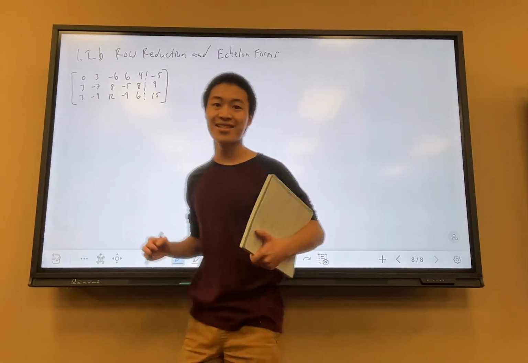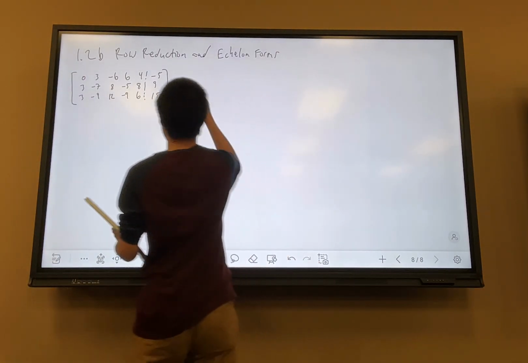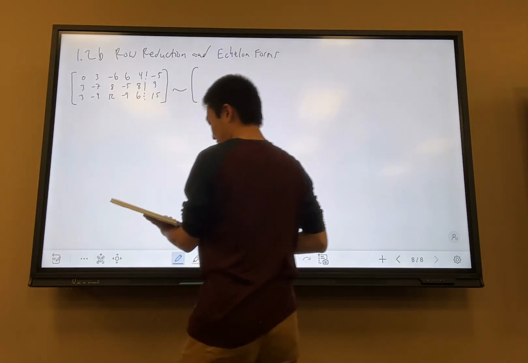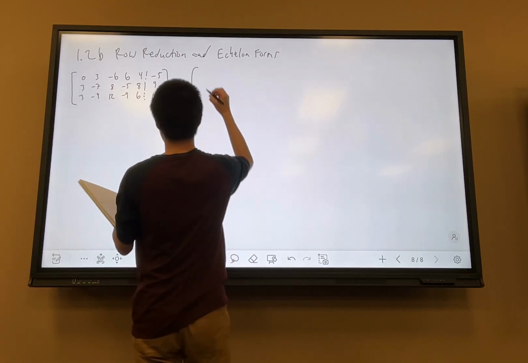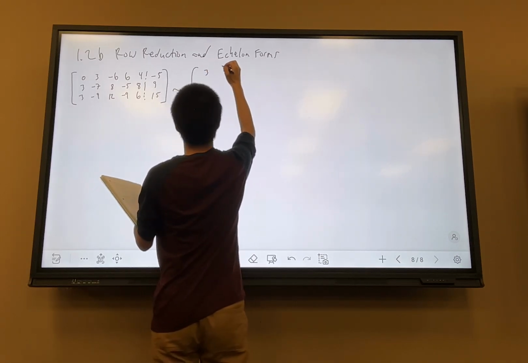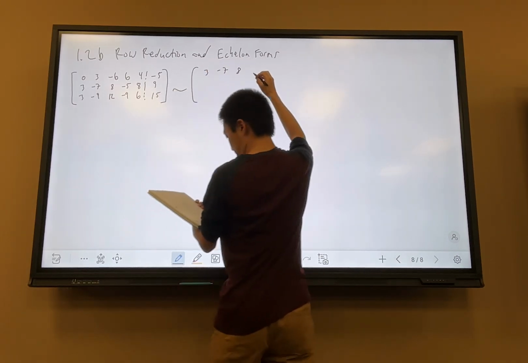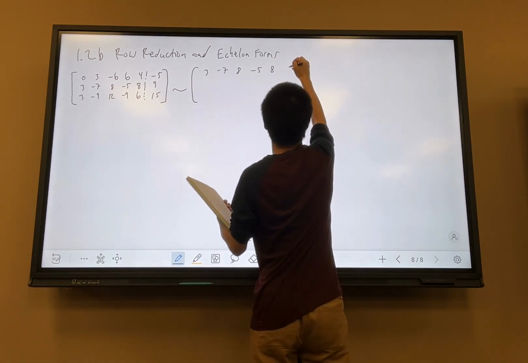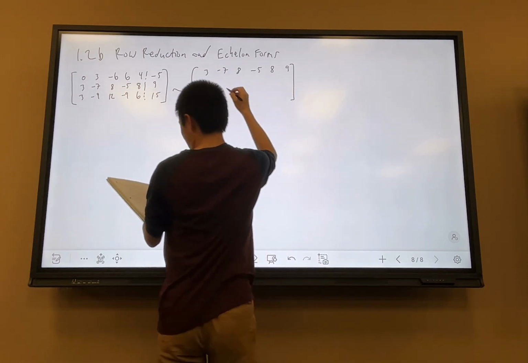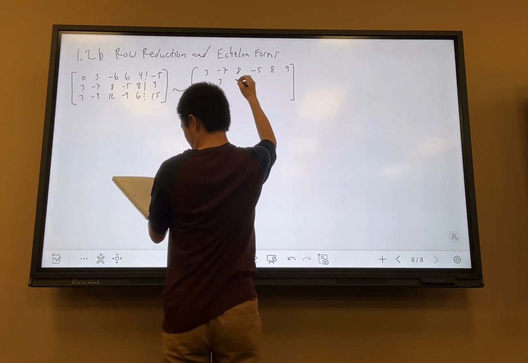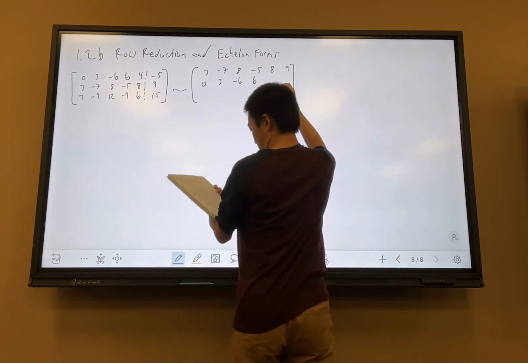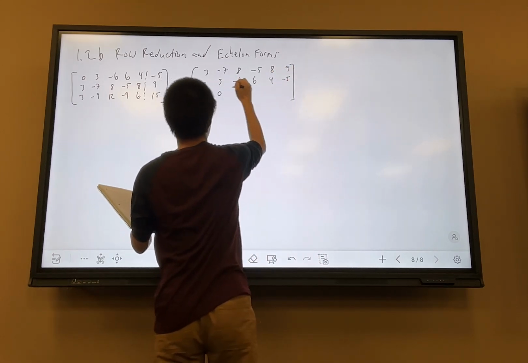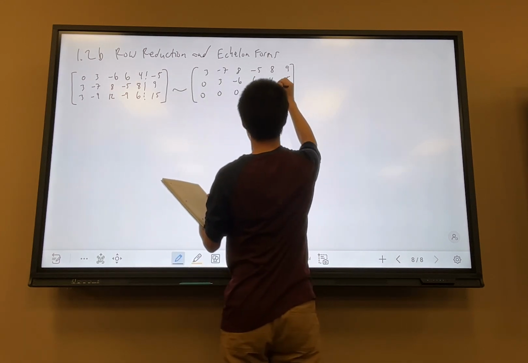And then what we talked about in class is we simplified this down through row operations. So this we found to be row equivalent to this form: 3, minus 7, 8, minus 5, 8, 9, then 0, 3, minus 6, 6, 4, minus 5, then 0, 0, 0, 0, 1, 4.